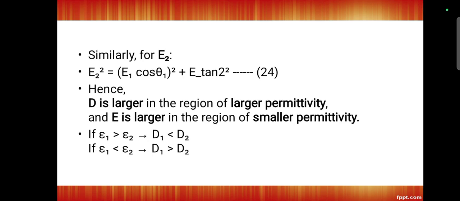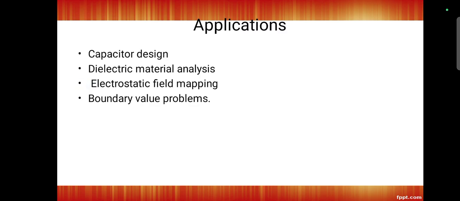Similarly, E2 squared is equal to E2 cos theta 2 squared plus E tan 2 squared. D is larger in the region of larger permittivity. Hence E is larger in the region of smaller permittivity.